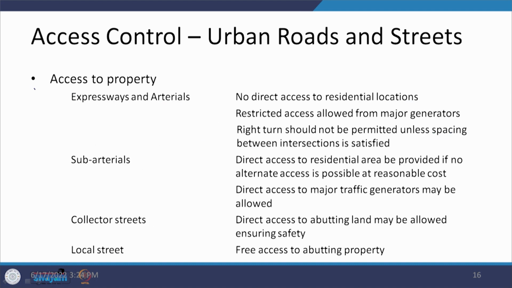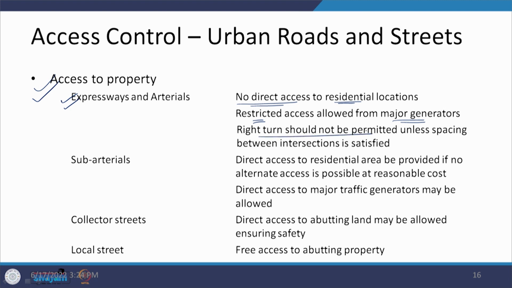Now, the access to property. When we are talking about expressways or arterials, obviously the most controls are going to be there in this case. What it says is that there should not be any direct access to residential areas. If there are major generators, then restricted access can be provided, so some limited locations are there from where it can be done.